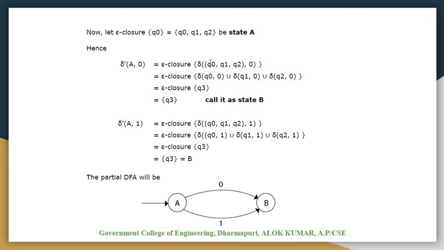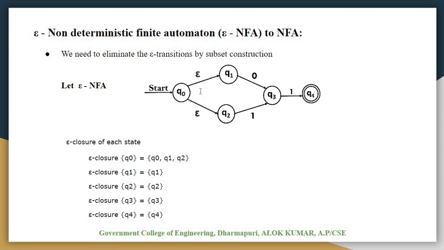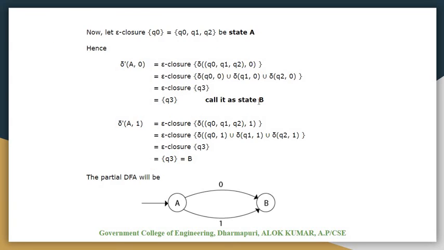So we will find Q0 on 0, Q1 on 0, and Q2 on 0. From Q0 using 0 where we are going, from Q1 using 0 where we are going, from Q2 using 0 where we are going. We will find that here we are going to Q3. Okay, so this one state, another state, let us call this state B.